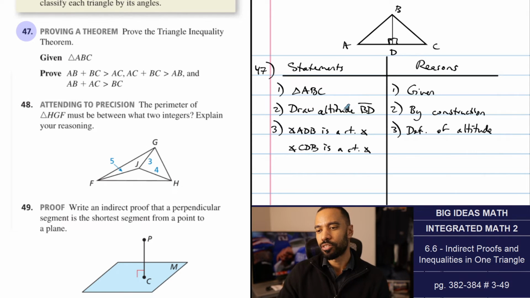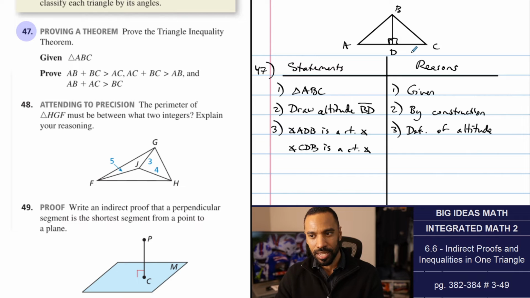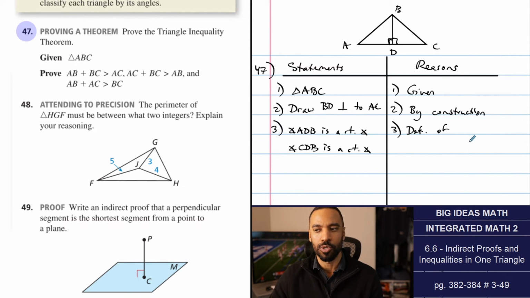I don't know if they say draw altitude or draw BD perpendicular to AC. Let me say it like that. I'll say draw BD perpendicular to AC, and definition of perpendicular lines, because I just said draw an altitude. We didn't say which way it went.